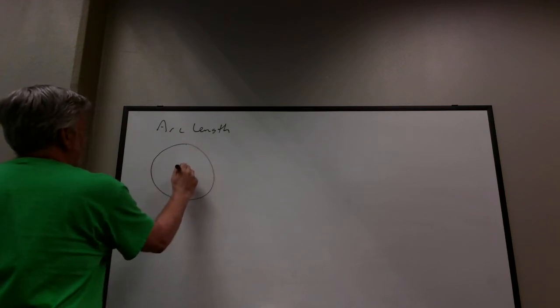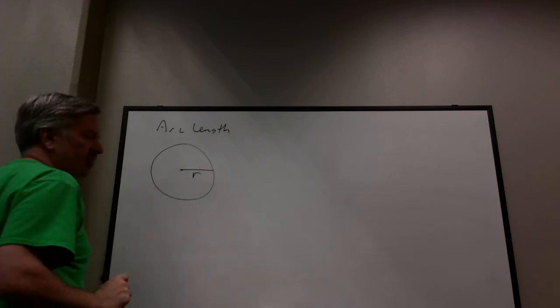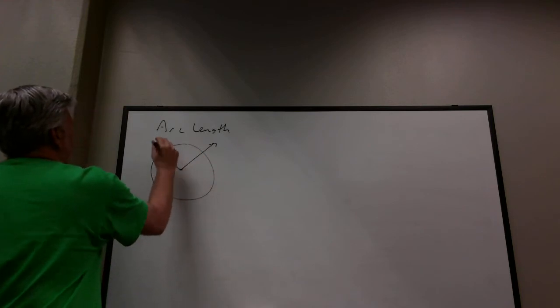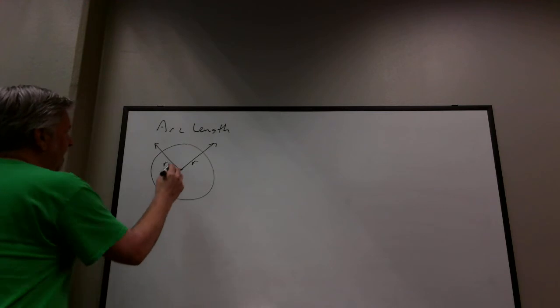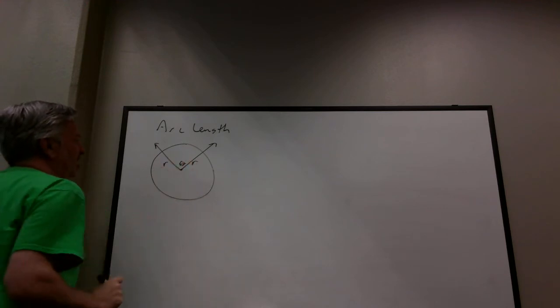So let's draw a circle here. Let's assume the circle is of radius r. Here, let me just draw something more generic. All right, so let me just draw a central angle here. Okay, so I'm going to say the radius is r, and I'm going to call the central angle theta.